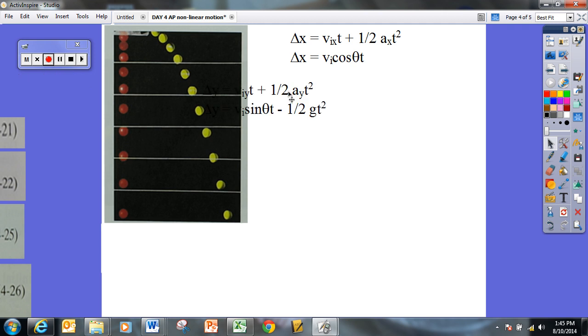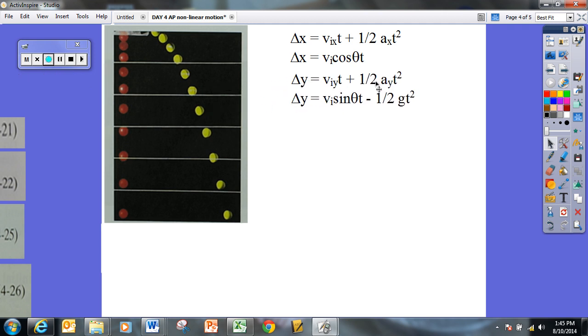And this expression for the vertical behavior, where this time there is acceleration, and I've replaced a sub y with g, the acceleration due to gravity, which is downwards, so the negative, and the initial velocity, again, with the y component of the initial velocity.